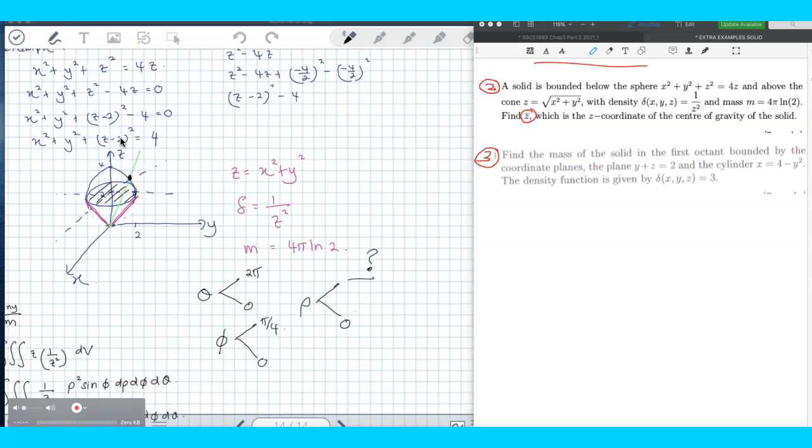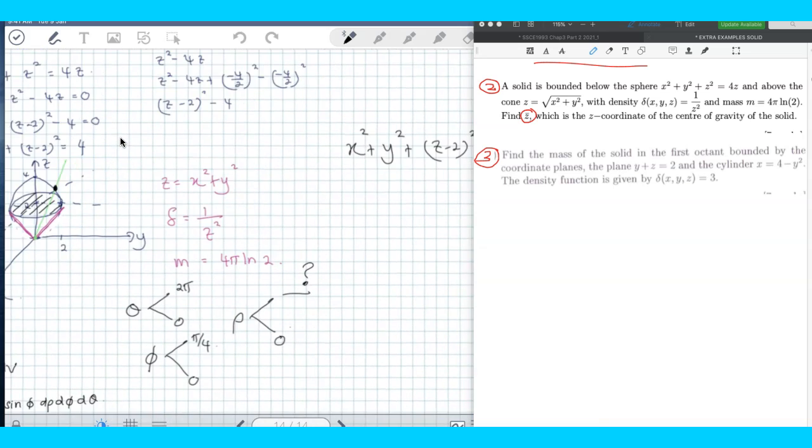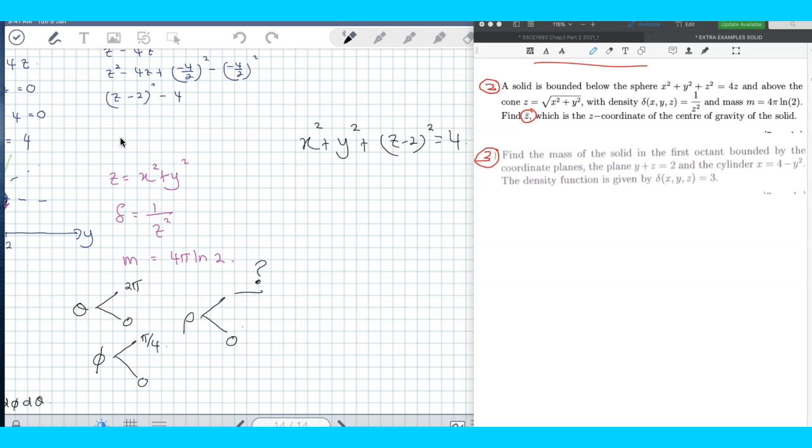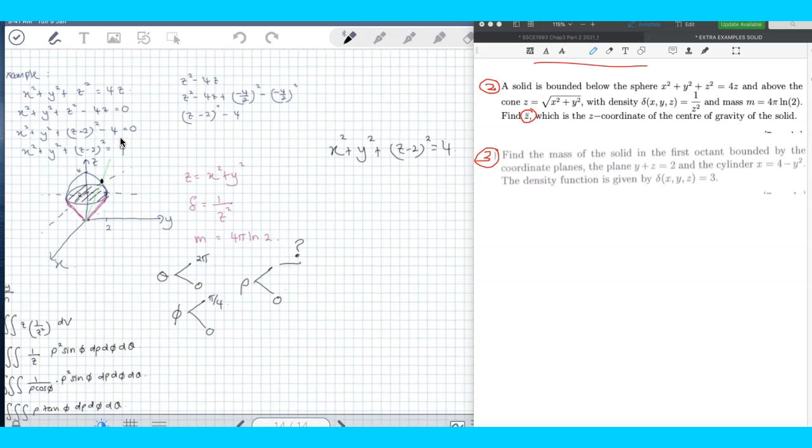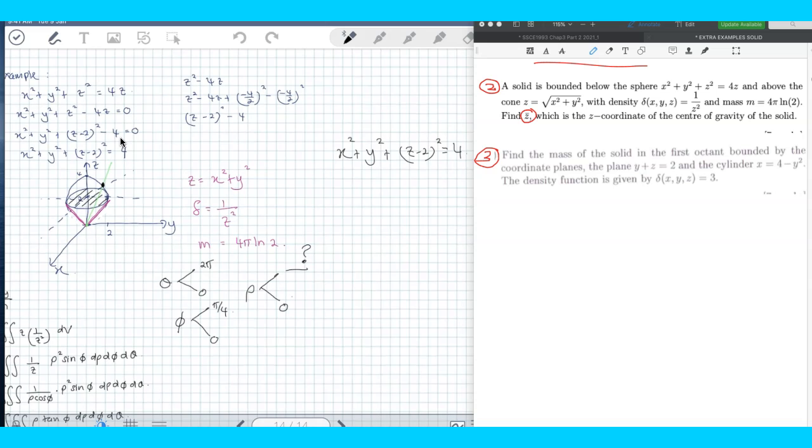So now what can we do from this equation? x squared plus y squared plus (z minus 2) squared equal to 4. We need to use the original expression because we want to replace the Cartesian equation with a spherical equation. So x squared plus y squared plus z squared equal to 4z.